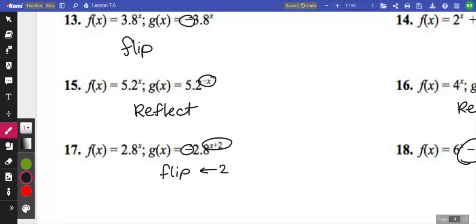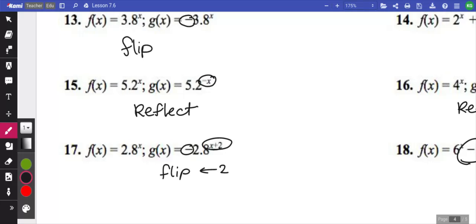So we have 5.2 to the x for my original, and 5.2 to the negative x as my second. So it should look like this. And then here's the graph of the first one. And then the second one will reflect.